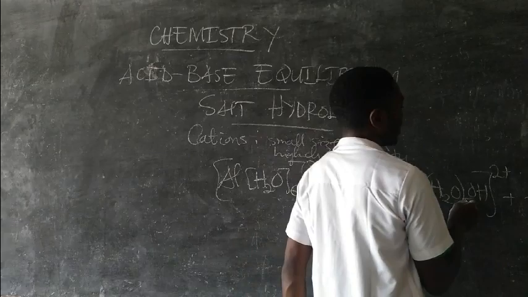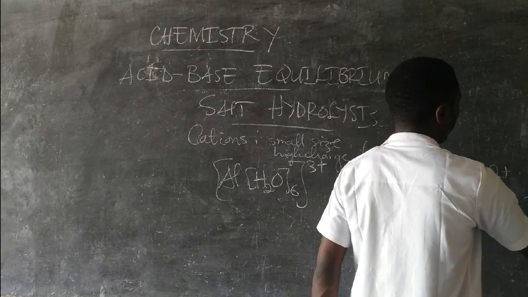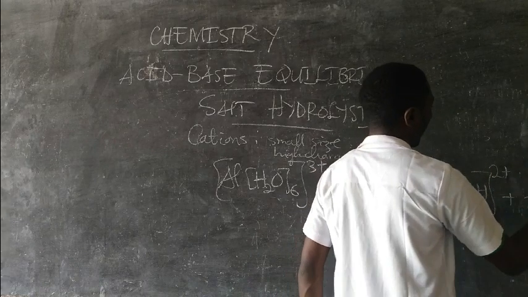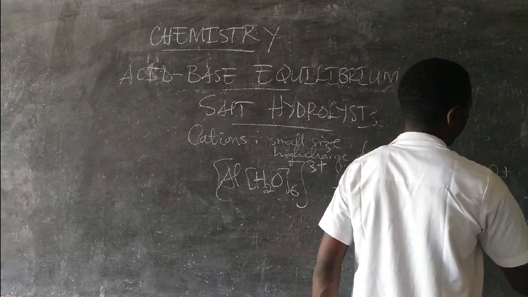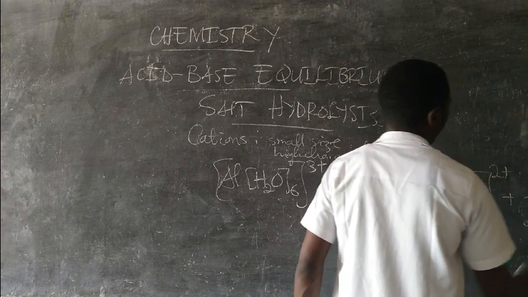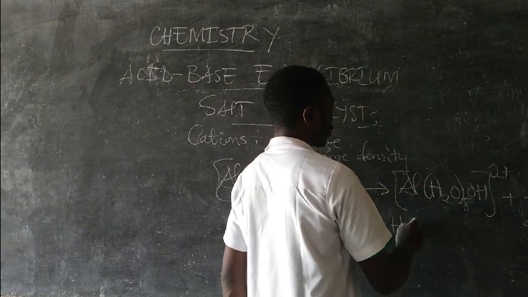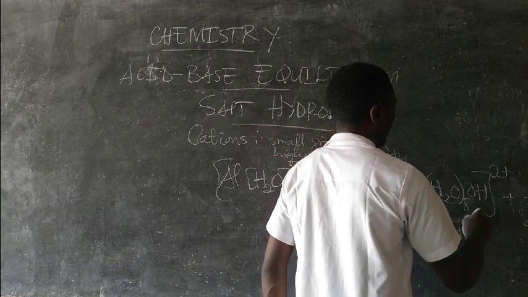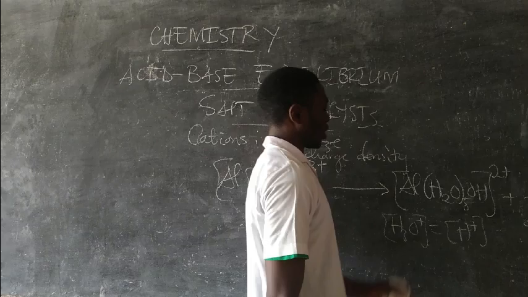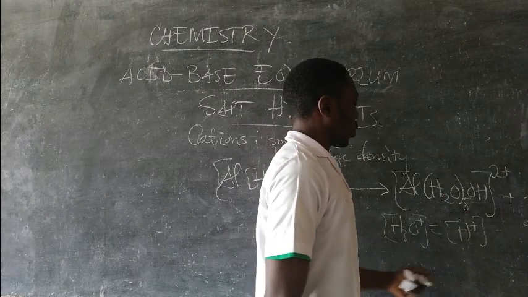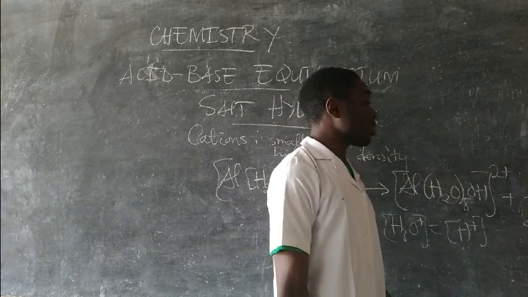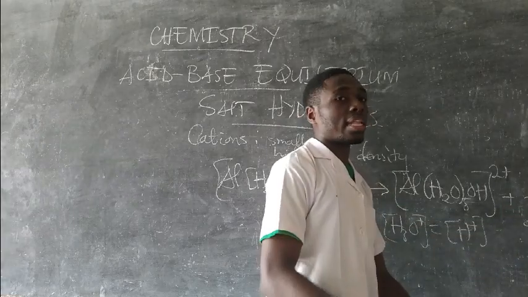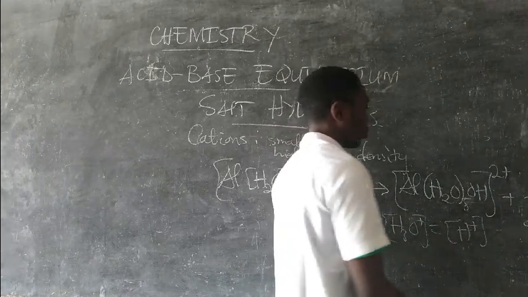Now the OH minus remains intact, while the H plus will combine with a water molecule to form the oxonium ion. And please note that the concentration of oxonium ion in solution is the same as the concentration of H plus, because H plus simply goes into solution and binds with the water molecule. So oxonium ion is like H plus ions in solution.